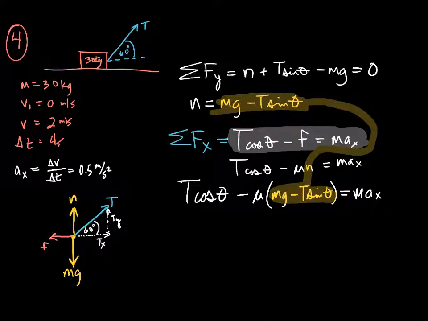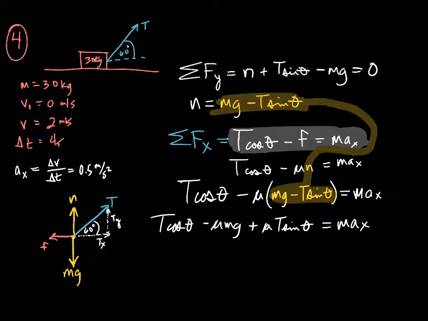So T cosine theta minus mu mg plus mu T sine theta, because that minus of a minus is a plus, equals max.